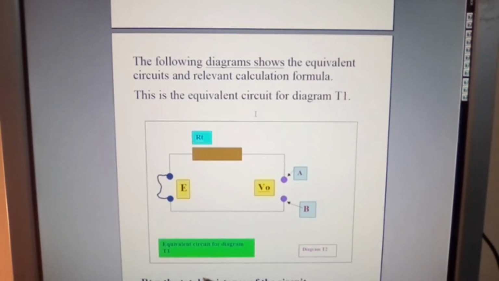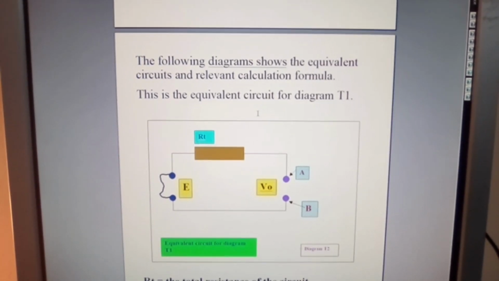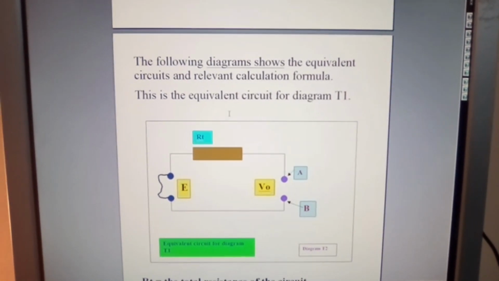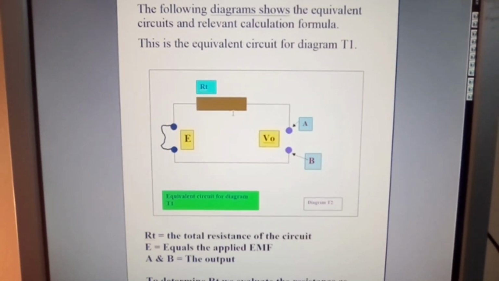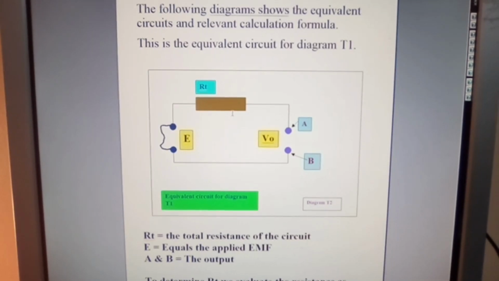Equivalent circuit for diagram T1. Now here RT equals the total resistance of the circuit, E equals the applied EMF, A and B equals the output.